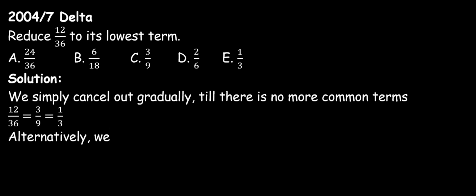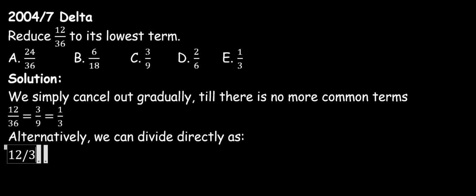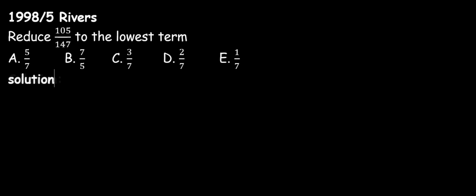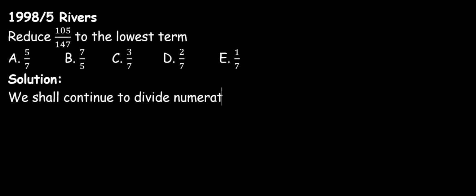Alternatively, we can divide directly as 12/36 equals 1/3. 12 going into 36 will give you 3. Let's take another example. Reduce 105 divided by 147 to its lowest term. The options are given. Solution. We shall continue to divide numerator and denominator with a common number until it cannot be simplified further.